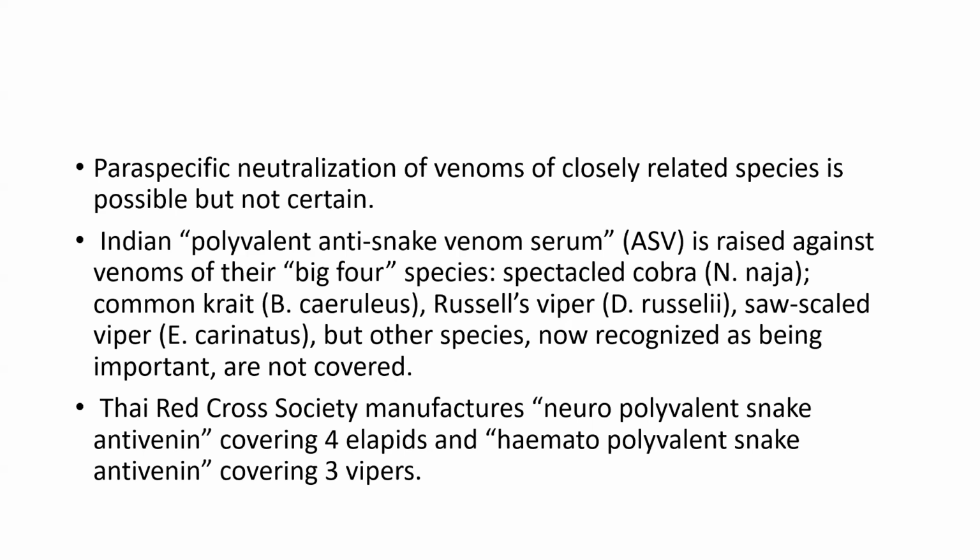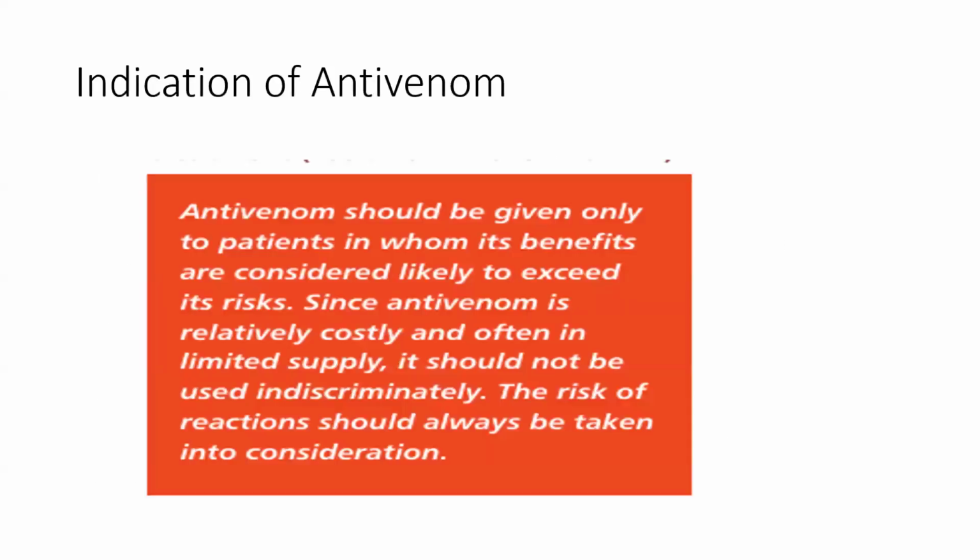Thai Red Cross Society manufactures neuropolyvalent snake antivenin covering the 4 elapid and the hematopolyvalent snake antivenin covering the 3 vipers. Now, regarding indication of antivenom, it should be given only to patients in whom its benefit are considered likely to exceed its risk.